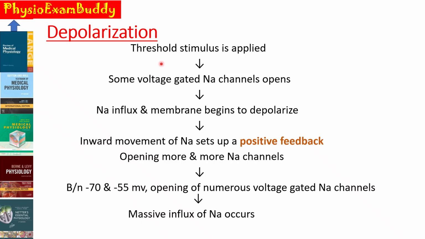Now we will see the ionic basis of depolarization. When a threshold stimulus is applied on the neuron, some of the voltage gated sodium channels in the neuron will open. When the sodium channel is open, you know that the most abundant ion in the extracellular fluid is sodium chloride, so sodium influx occurs, from the outside to inside of the membrane. The charge of sodium is positive, so the inside of the membrane becomes more and more positive.